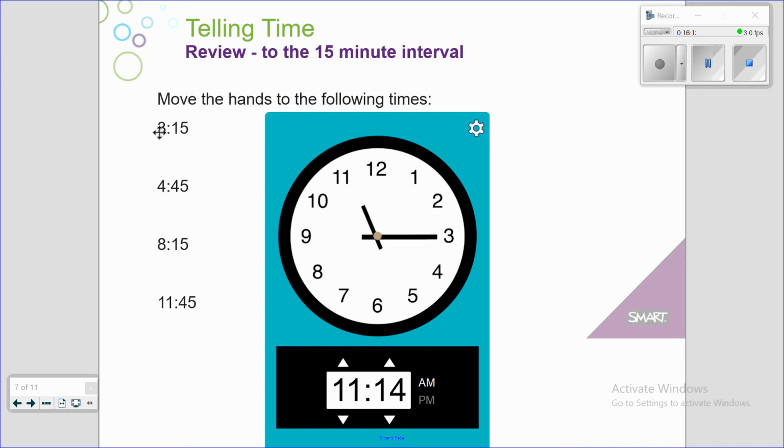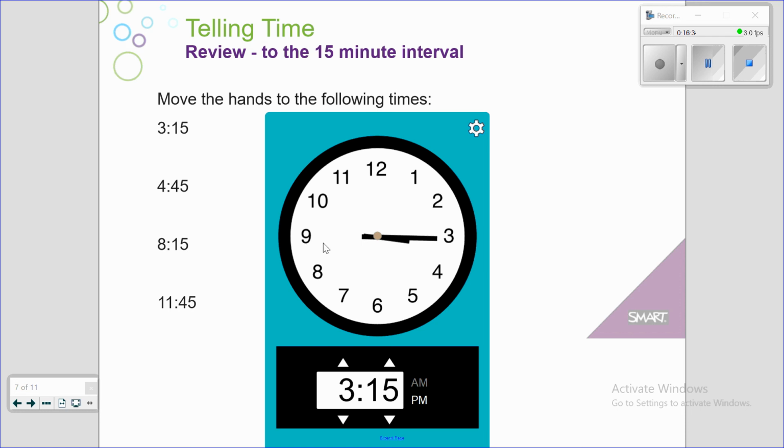And where is the 3? Perfect. Here is 3:15. Let's make 4:45. Where is 45 minutes?